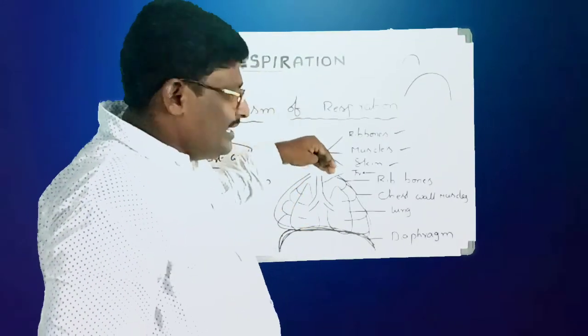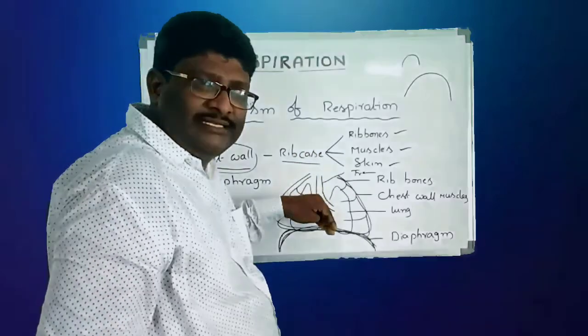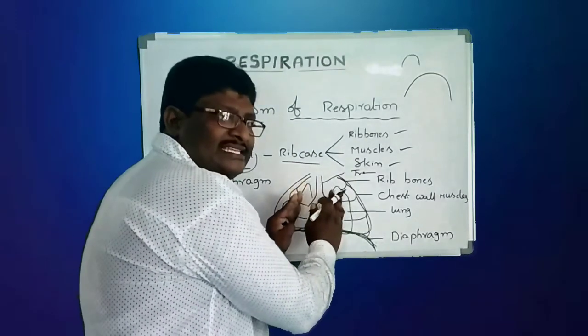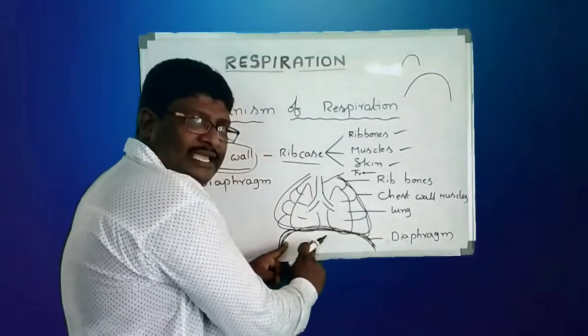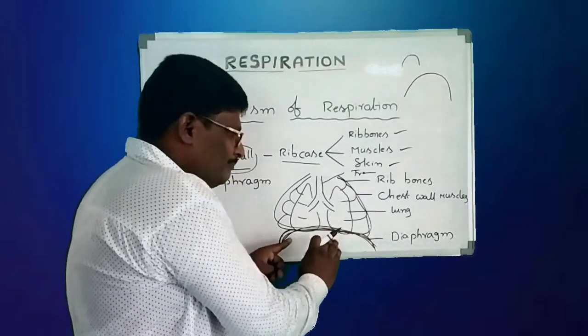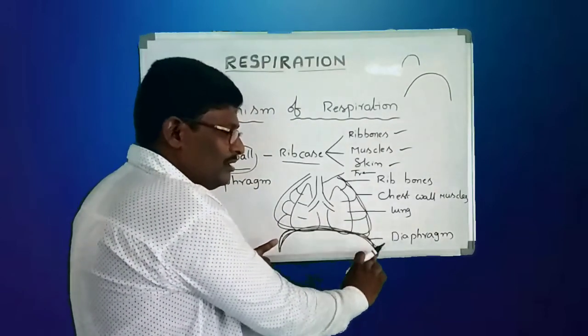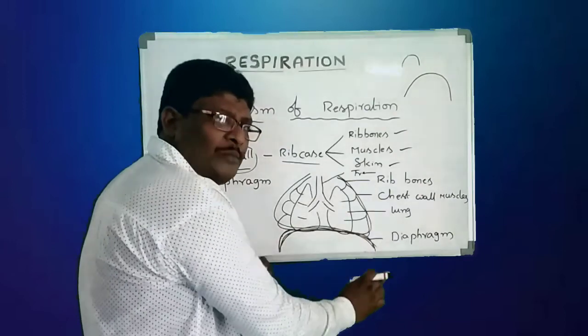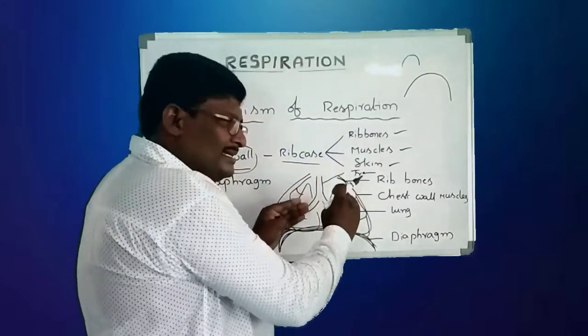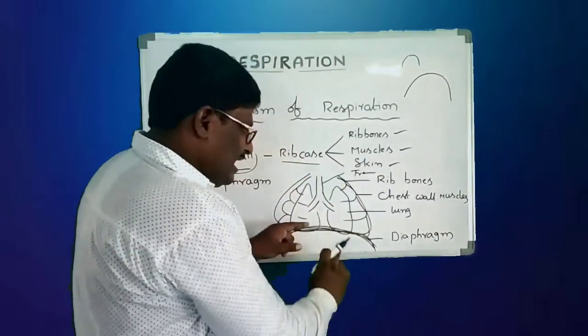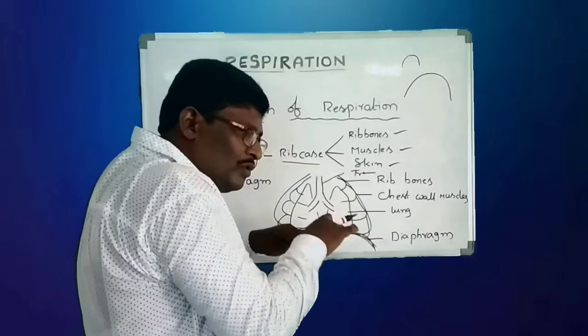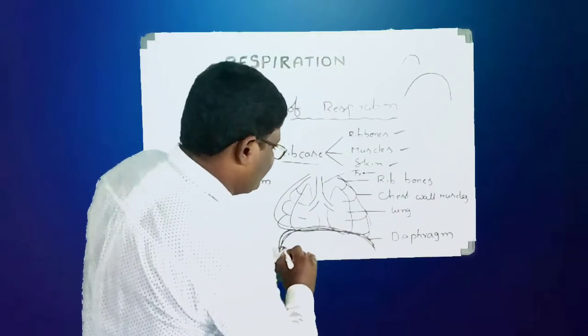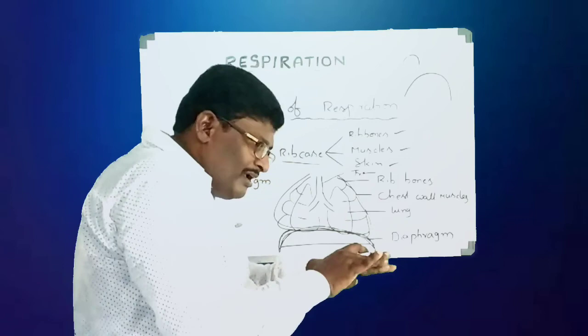When air enters the lungs and they increase in size, the diaphragm, which before that is in a dome shape, goes down during inhalation and becomes a flat-like structure.